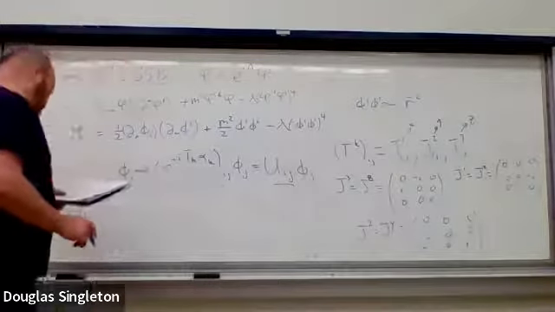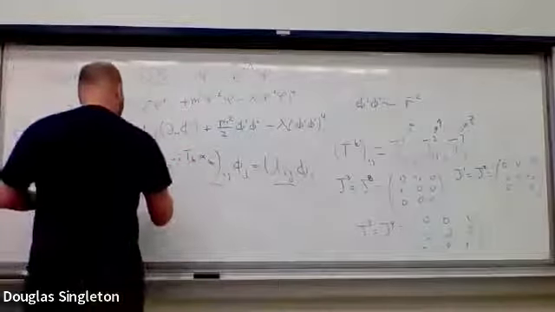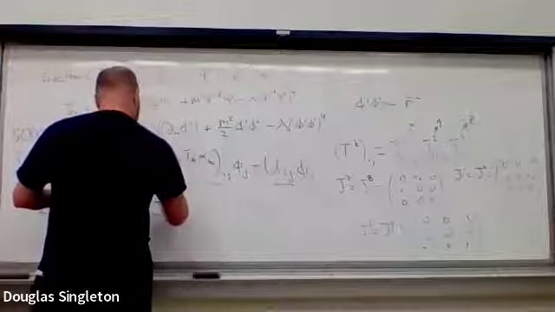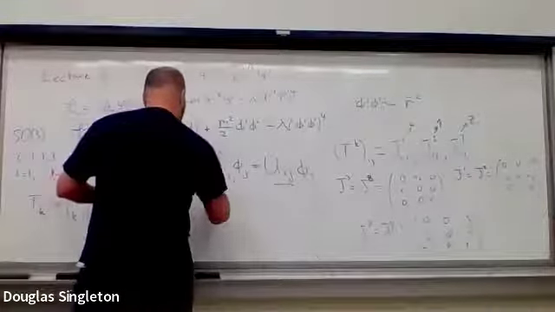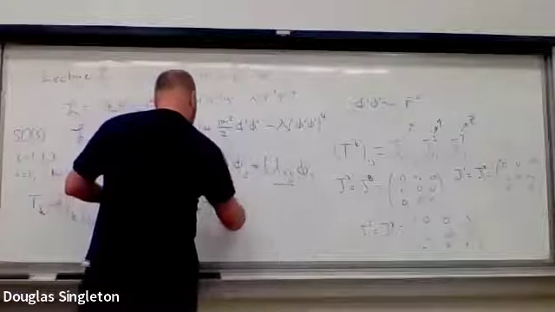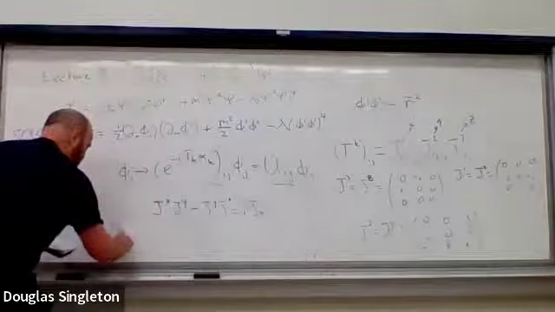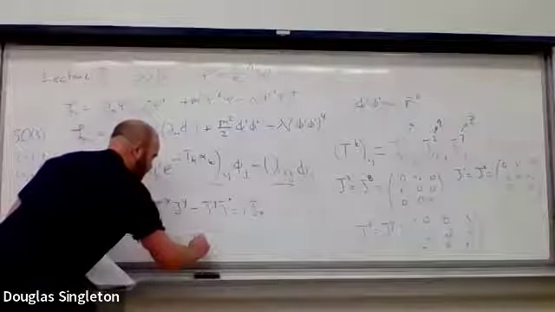All right. So now another thing about these generators is they satisfy the following algebra. If you take J_X and then J_Y minus J_Y, J_X, that equals i J_Z, plus cyclic permutations of the following.